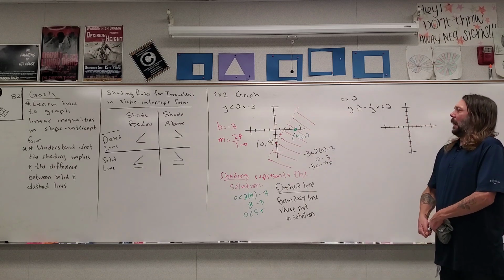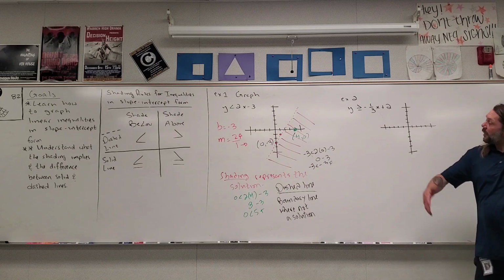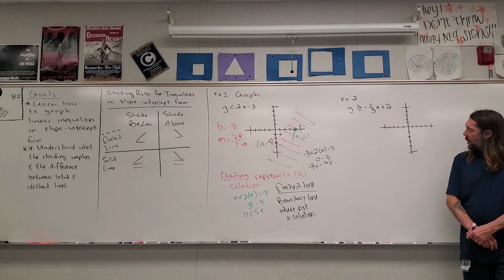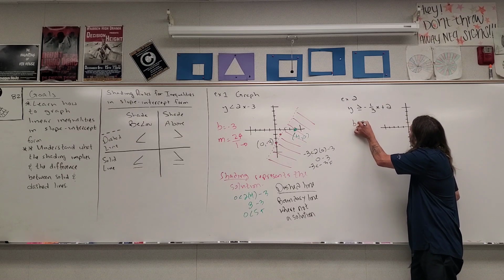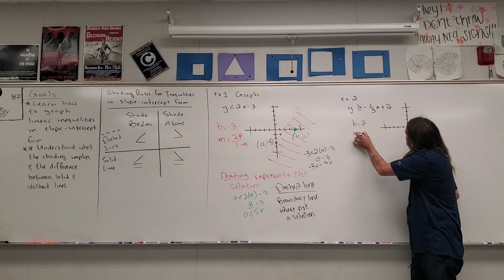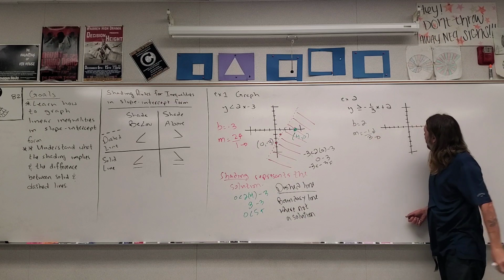All right, let's move on to example number 2. And again, we know how to graph this. This is graphing like the previous chapter. So our b value on this problem is 2. Our m, I'm going to put the negative up top, is -1 over 3. So I'm going to rise in the negative direction and run in the positive direction.